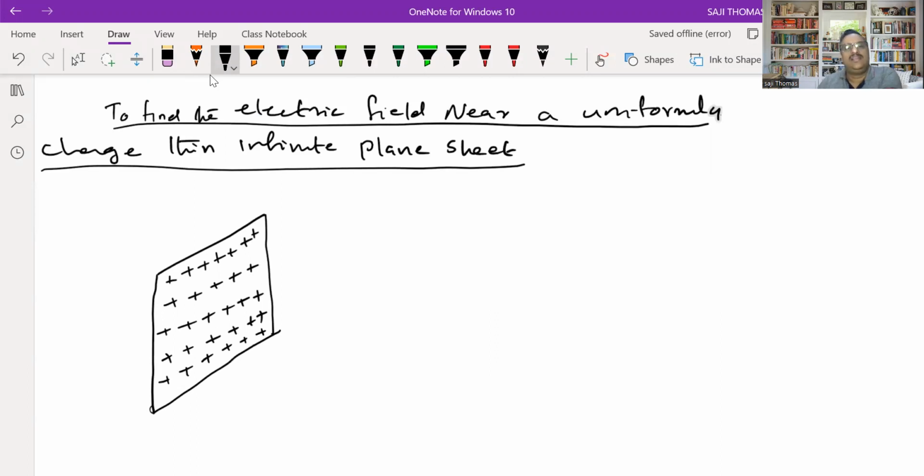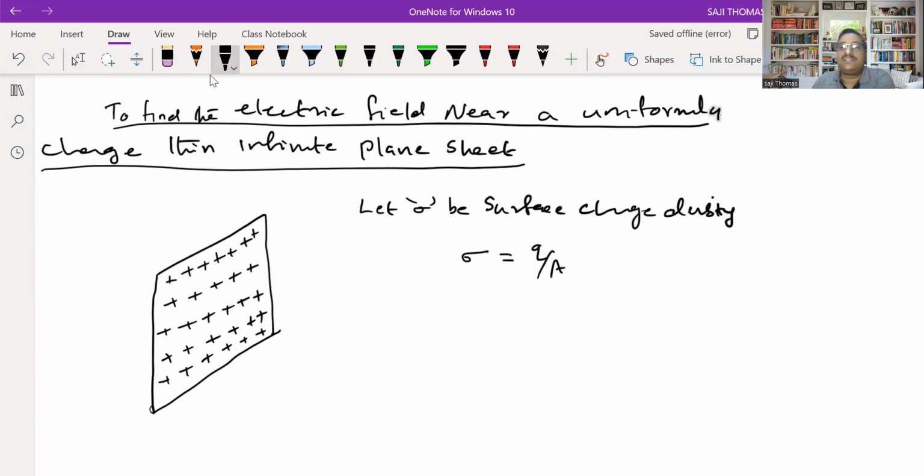Here I am defining a quantity, surface charge density. Surface charge density is the charge per unit area. Let sigma be the surface charge density. So how is it defined? Sigma equals Q by area.